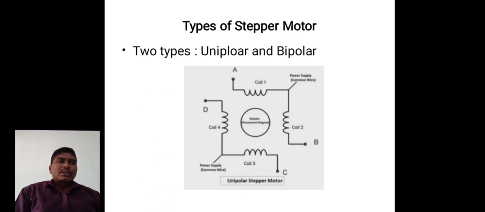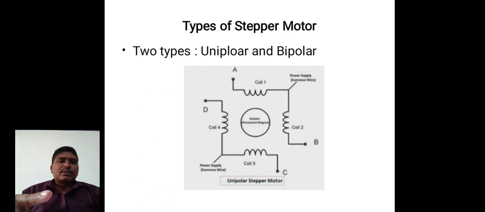The unipolar stepper motor is very common and popular because of its use. The stepper motor is made up of a stator and a rotor. The stator represents the four magnet coils which remain stationary around the rotor.